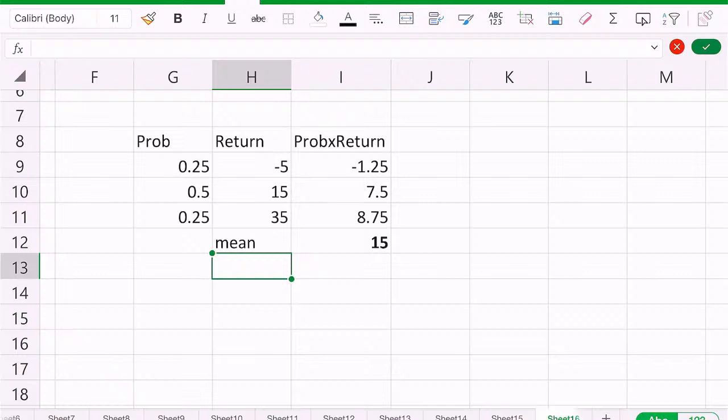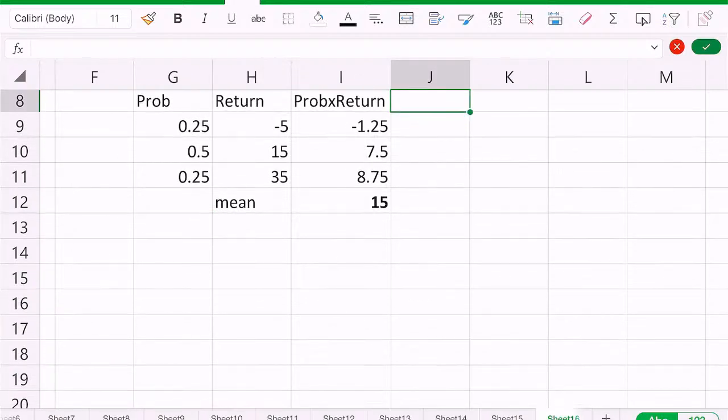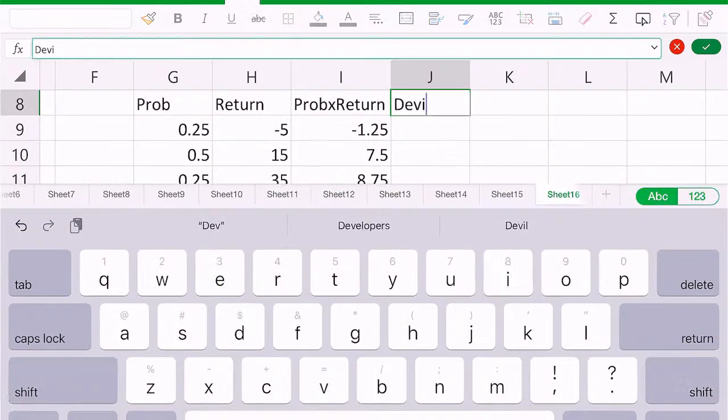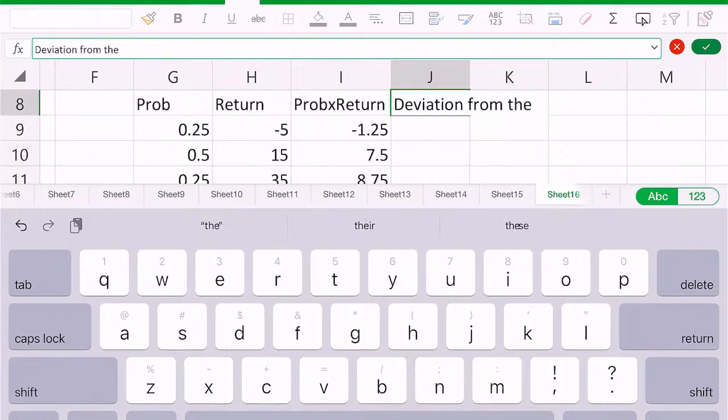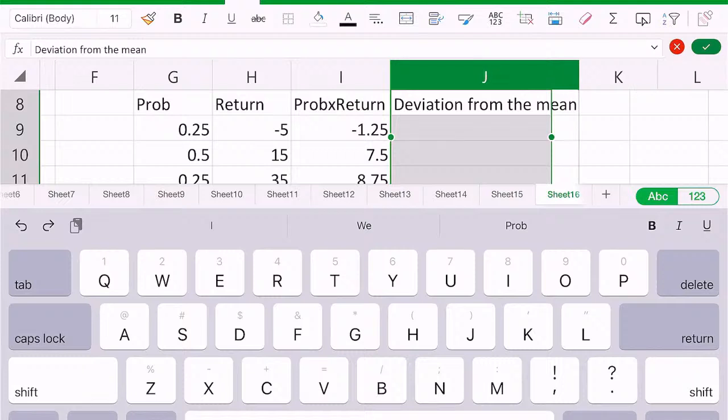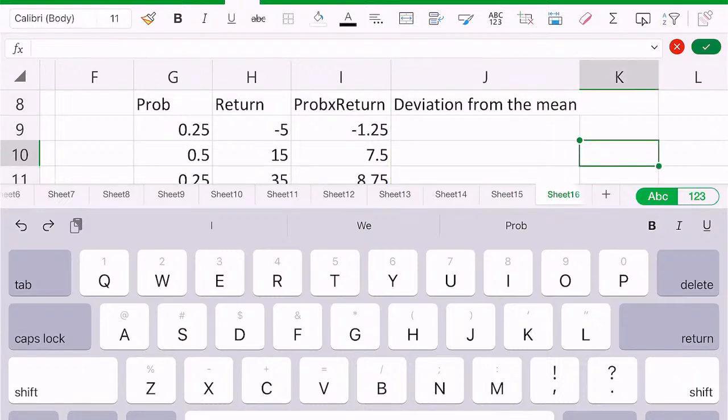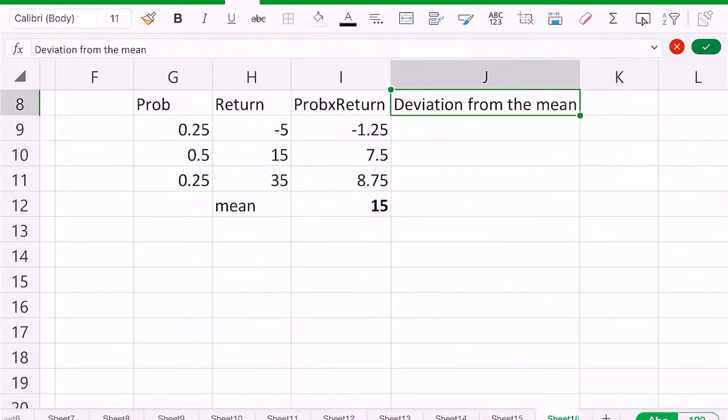For the standard deviation, we have to get the deviations from the mean, which is going to be, I should put a formula in there.